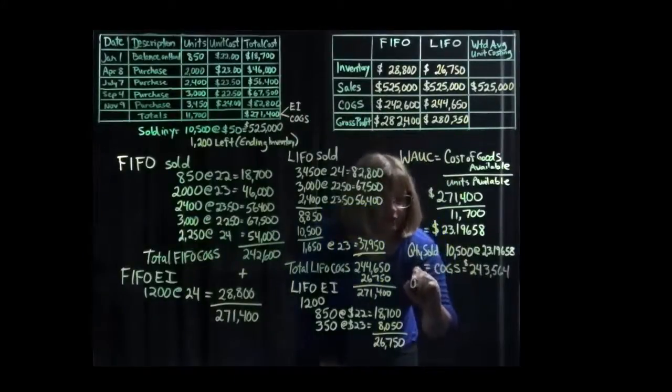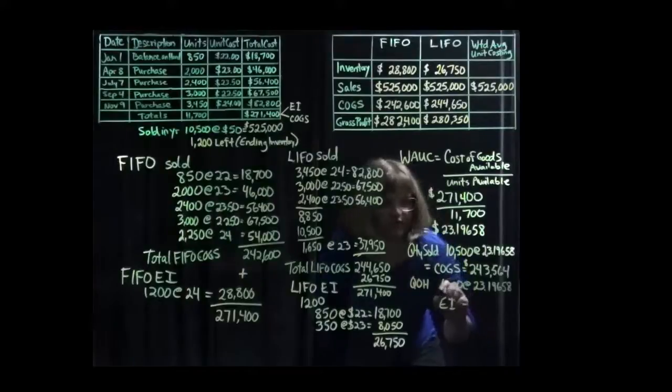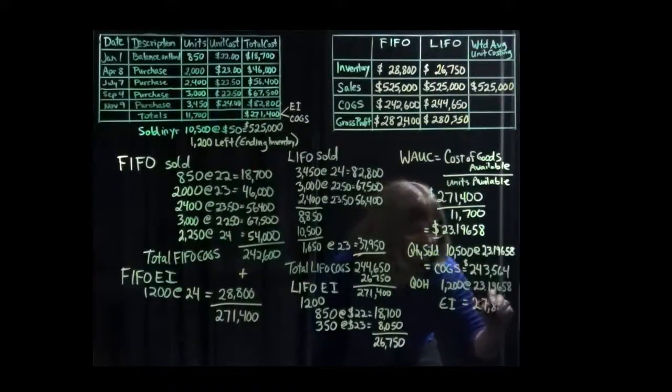Then we use the quantity on hand, which is the 1,200 that we have left, and we multiply that times the same weighted average unit cost of 23.19658, and that's going to give us ending inventory using weighted average unit costing of $27,836.